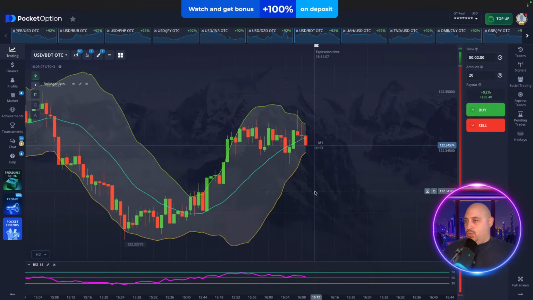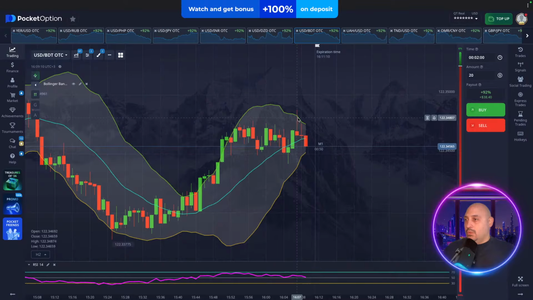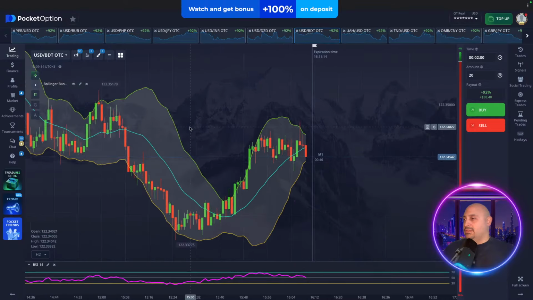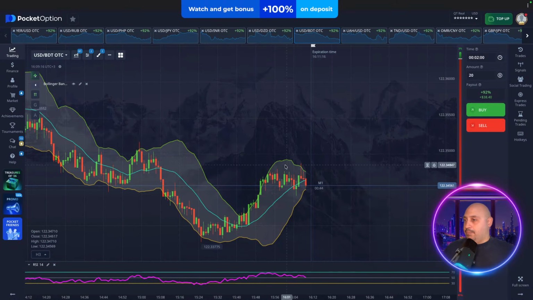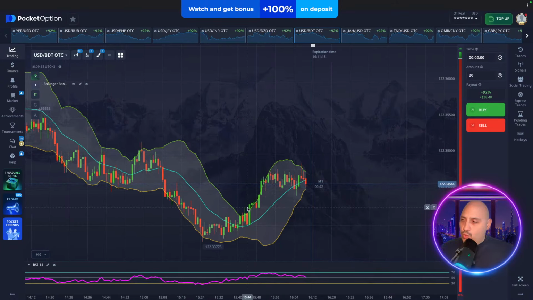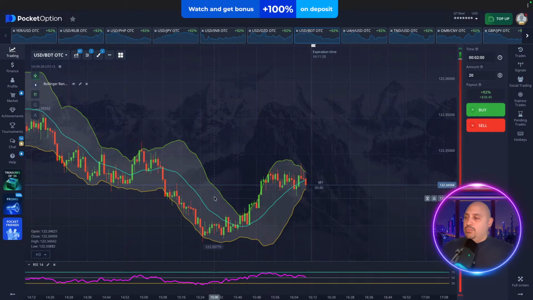Ranging. All right, what do we have here? Look at that. You see that rejection? And then boom, boom, to the downside. Another important thing for those of you who don't know: do you realize that the Bollinger Band sometimes expands, as you can see here, and sometimes it comes together?